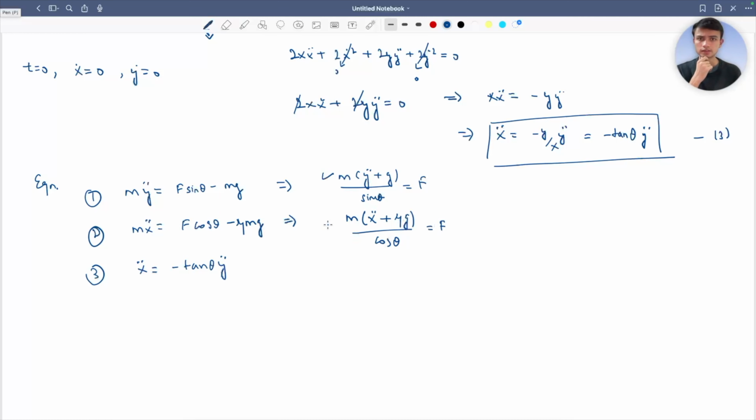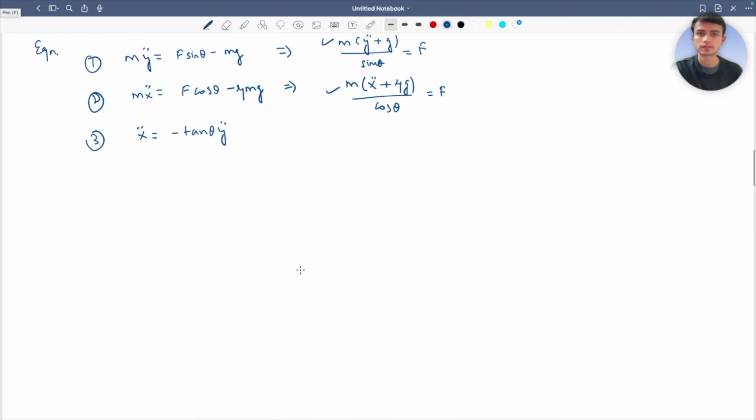All right, so now I'll equate these two equations. That goes as y double dot plus g upon sine theta is equal to x double dot plus mu times g divided by cos theta.